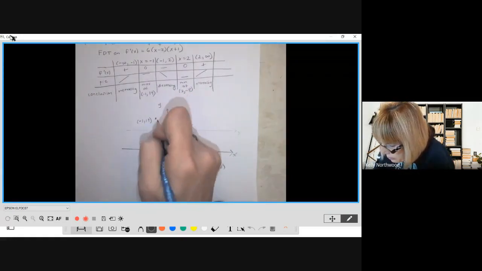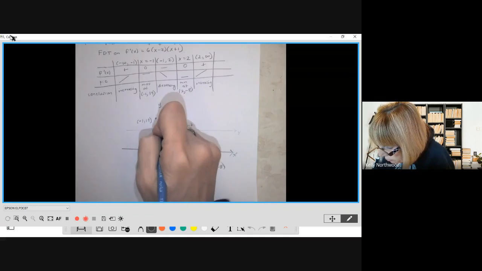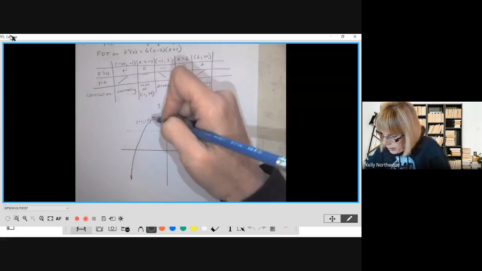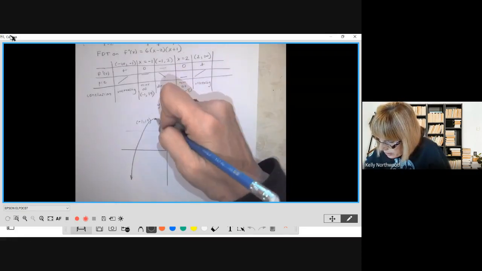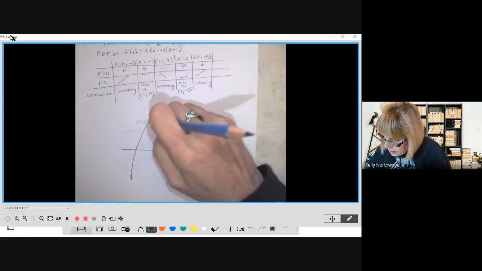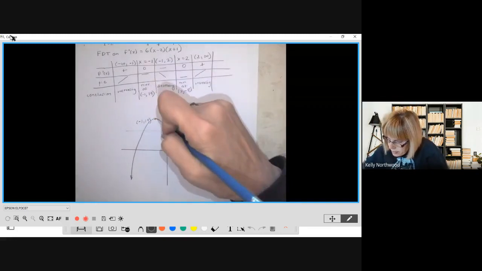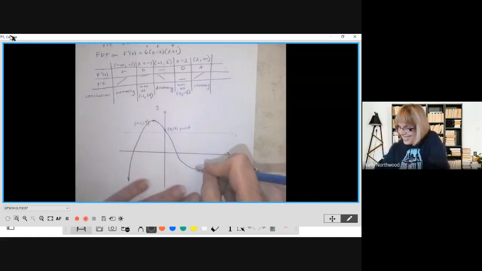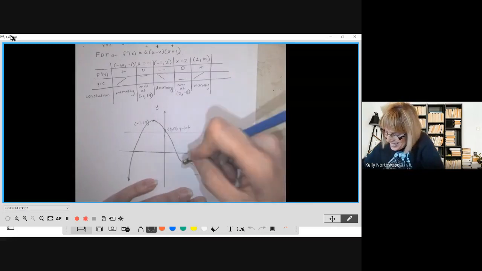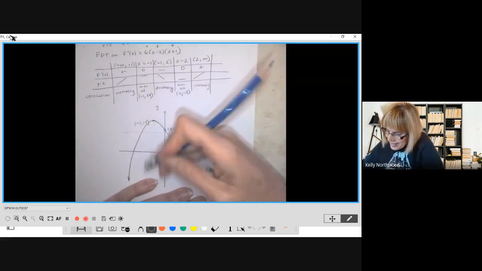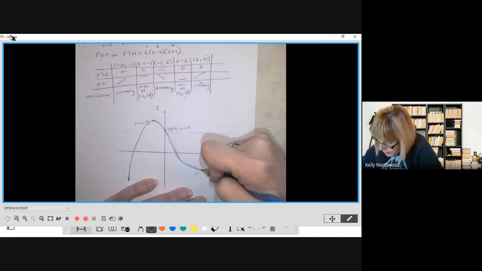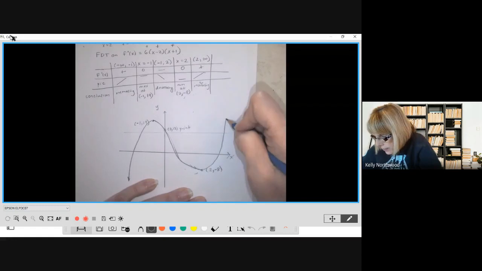All right, so this is a maximum. Then we're decreasing to a minimum. Try to make it as smooth as I can. Decreasing to a minimum and then increasing.